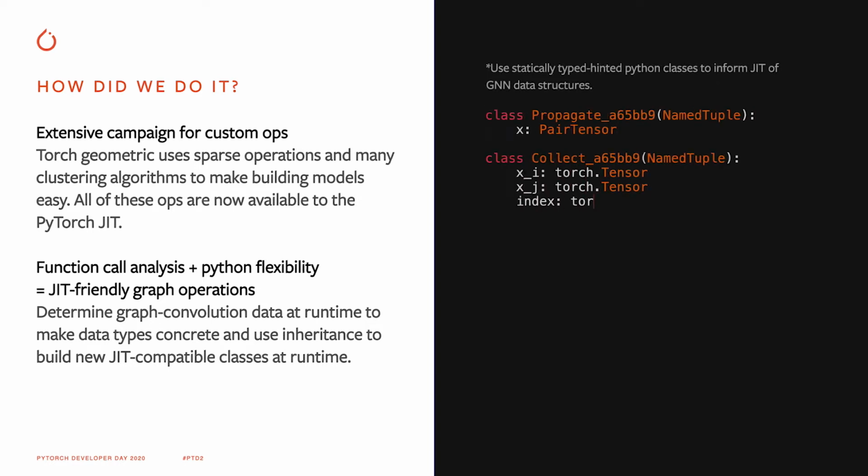And then finally, let's talk about this static analysis that we do. So we go and look at all of the functions that are in a user's graph convolutional operator, and we make a concrete version of all of the variables that are being used in those functions so that we know the types ahead of time.